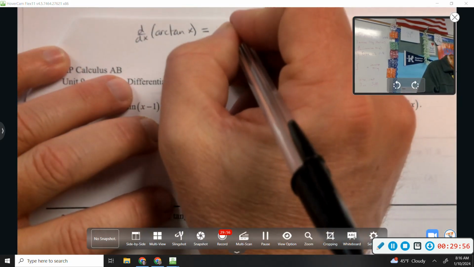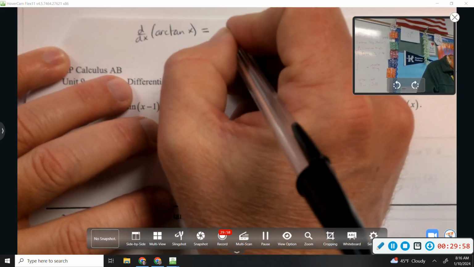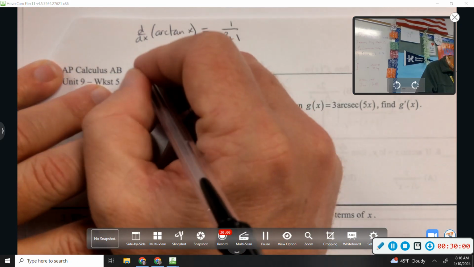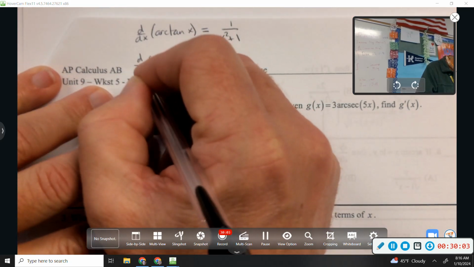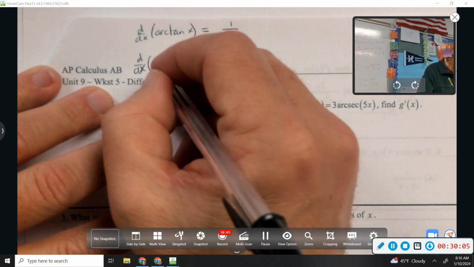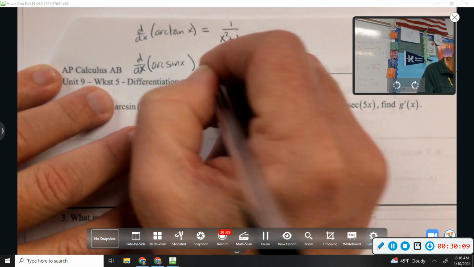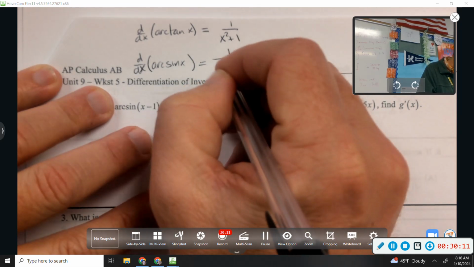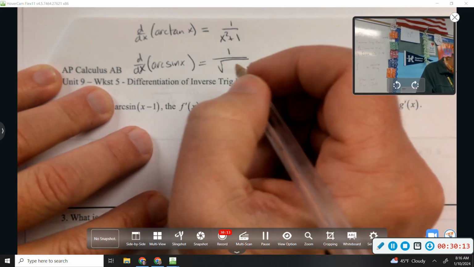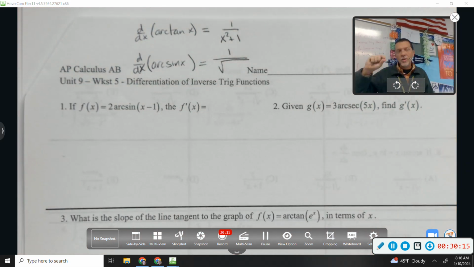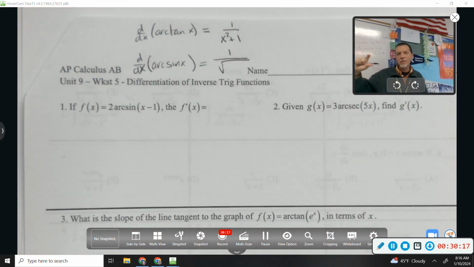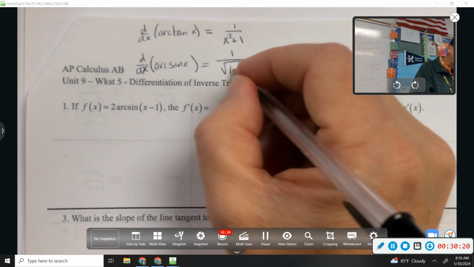Arctan is the easy one. So 1 over x squared plus 1. Arcsine is kind of the next easy one. 1 over, there's a square root. And the sine of a number is small, right? The sine is always between -1 and 1, so I'm going to do 1 minus x squared.